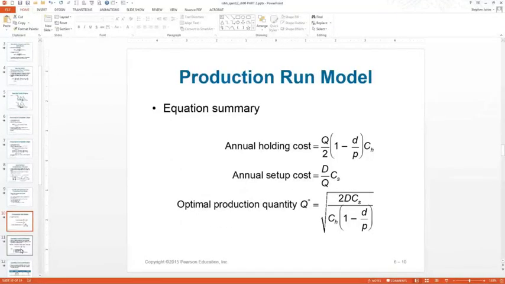Production run models are also then adjusted. You again will have a similar system here. Now we are running on a production model as opposed to the ordering out of a catalog kind of model. And you want then your optimal production quantity instead of your economic order quantity. Same concept, slightly different variables here, but essentially you're very, very close to the same process.